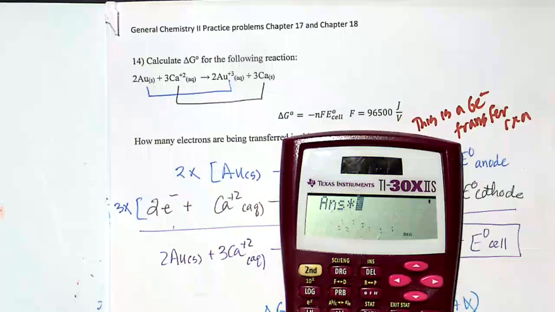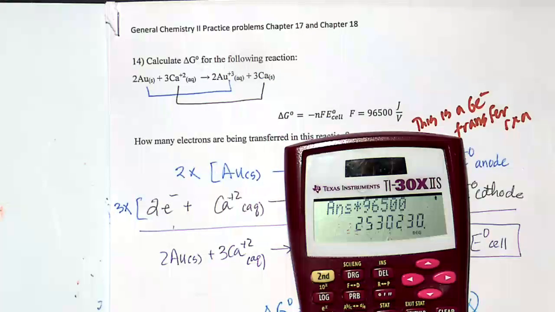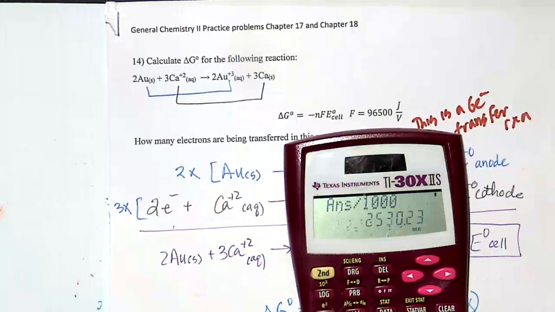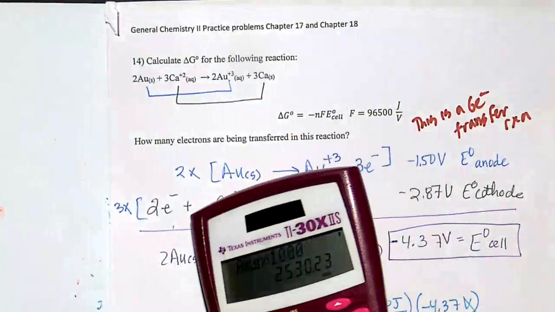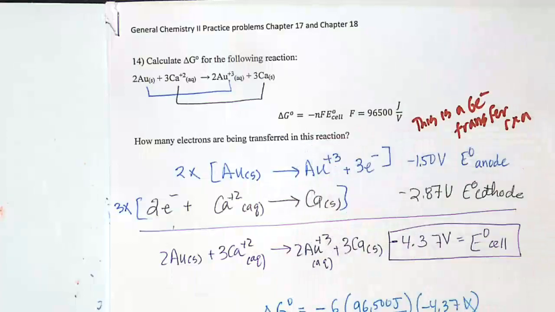26.22 times 96,500. I'm getting 200. Okay, you know what? I'm going to divide by 1,000. I'm getting about 2,530 kilojoules. 2,530 kilojoules.